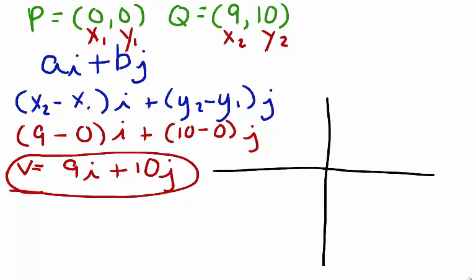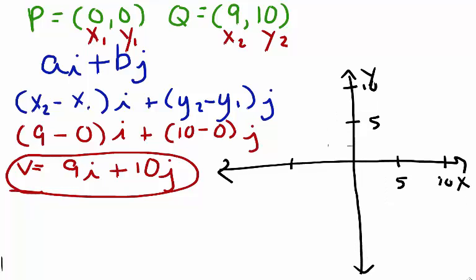If we were asked to graph this position vector, our initial point, 0, 0, would rest at the origin, and our terminal point would lie where x equals 9 and y equals 10.